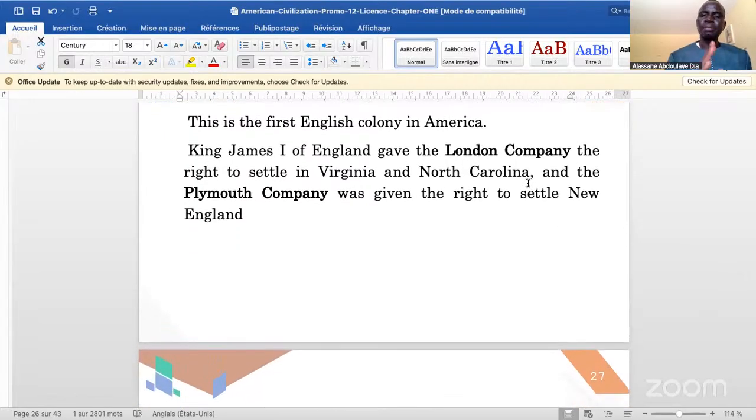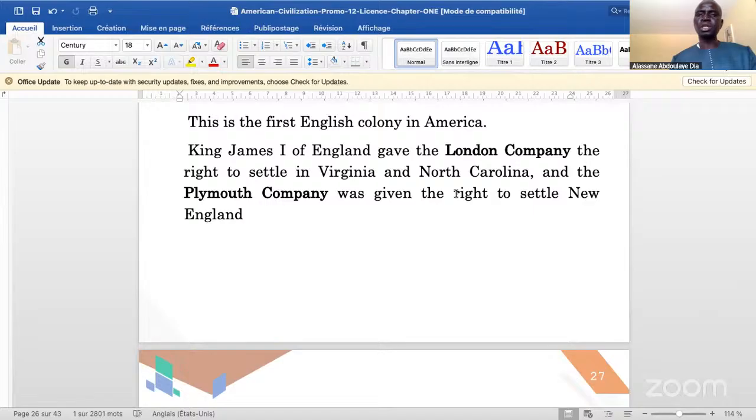So King James I of England knew that the government is very busy. They cannot control everything. They try to work with private companies. It's just like in Senegal, the development of the country cannot only be the responsibility of the government. The government works with private companies. You see NGOs and everything. The same here.